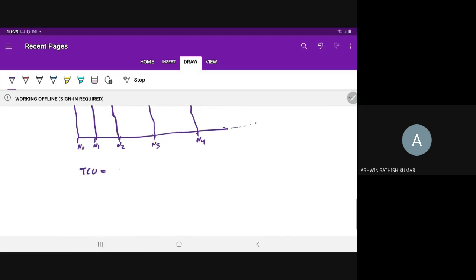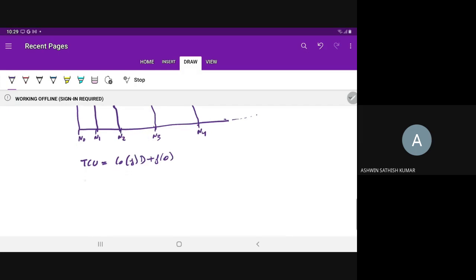Now, what is the TCU? TCU is C naught J into D plus FQ. I'm saying that at the Q naught, FQ is minimum.